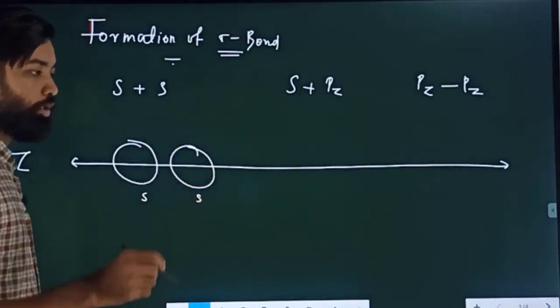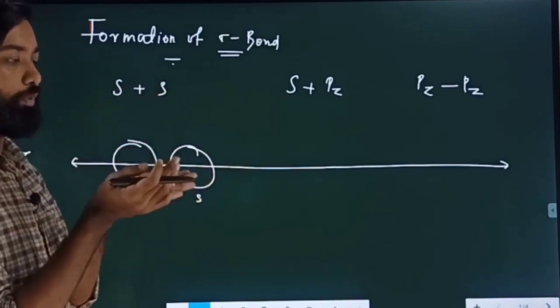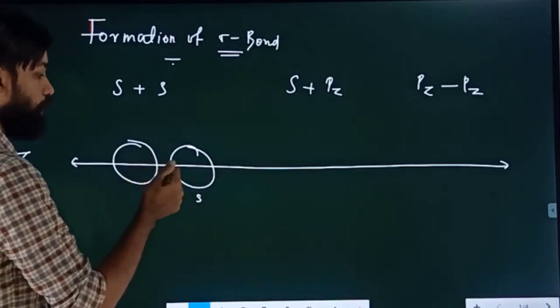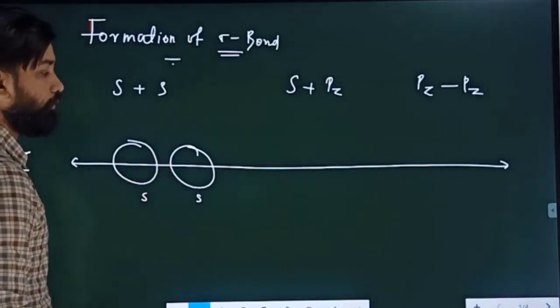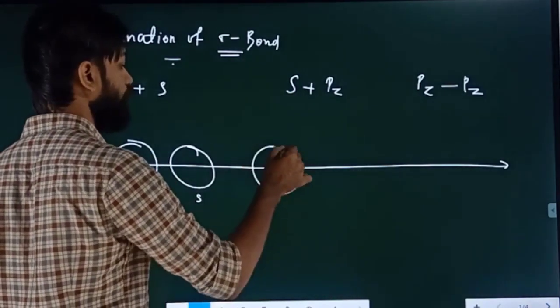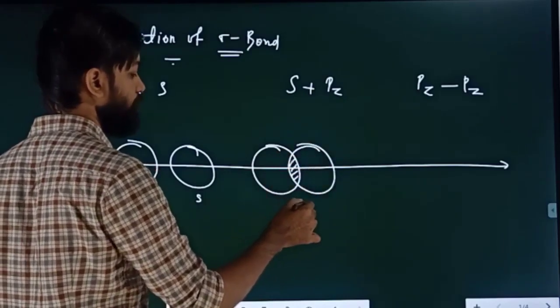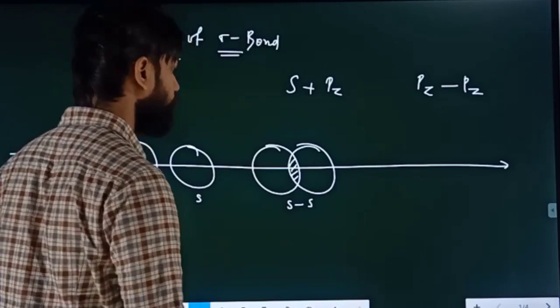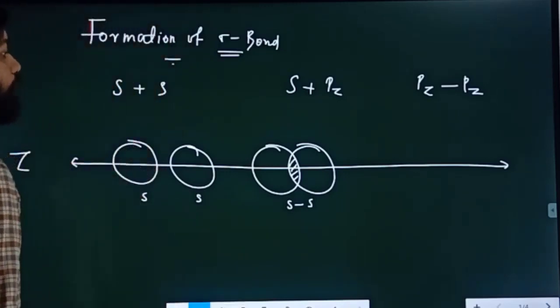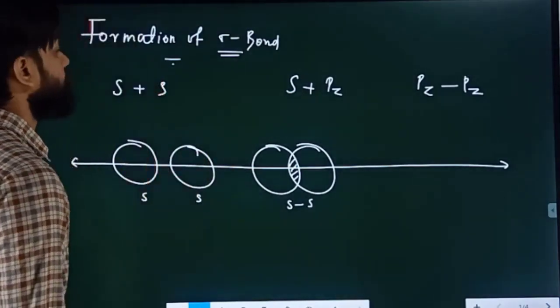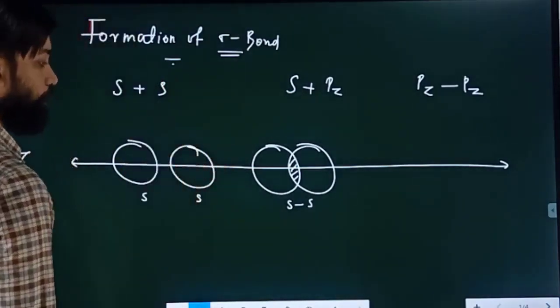These are two s orbitals, one here, another here. They may overlap in an end-to-end pattern. So this is the SS overlapping. And what is the speciality of this SS overlapping? This is axial overlapping. Since this is an axial overlapping, the bond formed is a sigma bond.